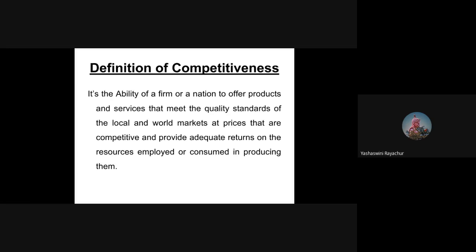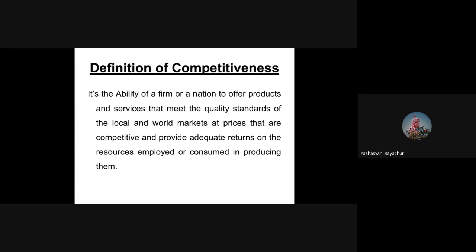Here we see that it is the ability of any firm, or any country or nation, to offer certain products and services to cater to the local and also the world or international market, with certain quality standards as per the requirement of the local or international market, for a certain price which is very competitive compared to the competitors.